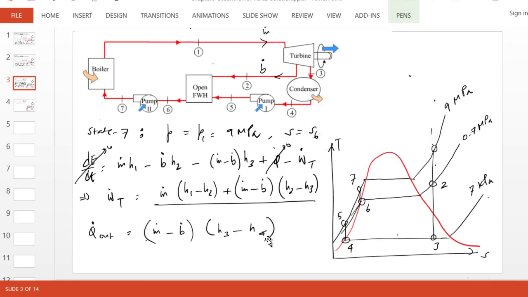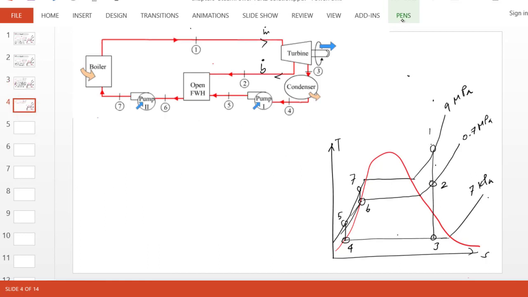Okay, now let's go ahead and look at pump 1, which should be simple. The pump work that goes in here, w dot pump, must be, again, the flow rate through the pump, m dot minus b dot, times (h5 minus h4).